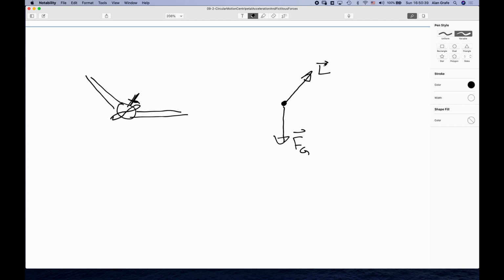But the point here is that the free body diagram looks the same. So the way an airplane actually turns is by banking, as the pilots call it, the airplane. And that helps to provide the necessary lift to give you a horizontal component of force to make you go around the curve.